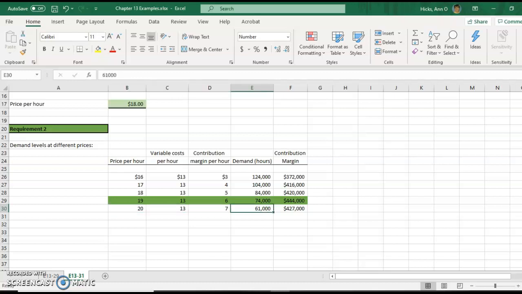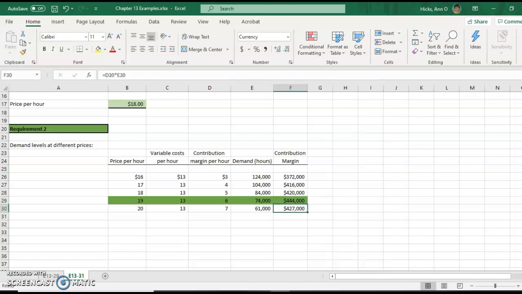Then if we multiply that contribution margin per hour by the demand, that gives us our contribution margin at that demand. And you can see clearly that the highest contribution margin is at $19 per hour.